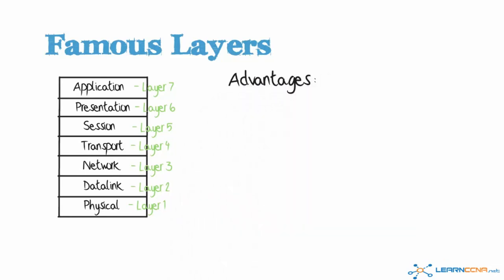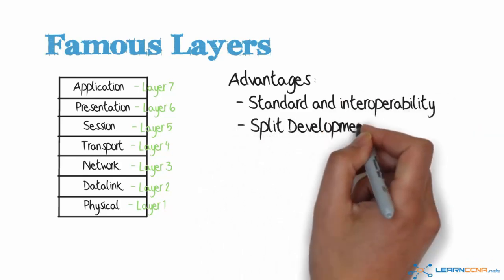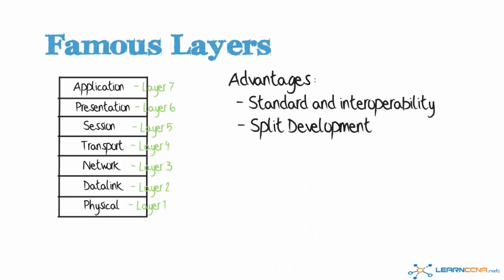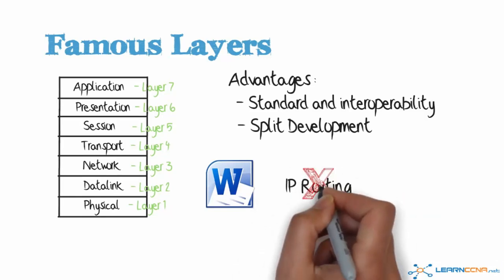There are multiple advantages to the OSI model as mentioned, including interoperability and standards. Another big advantage of the OSI model is split development, or split areas of concern. An application developer, as an example, writing an application like Microsoft Word, doesn't need to understand the details of IP routing.